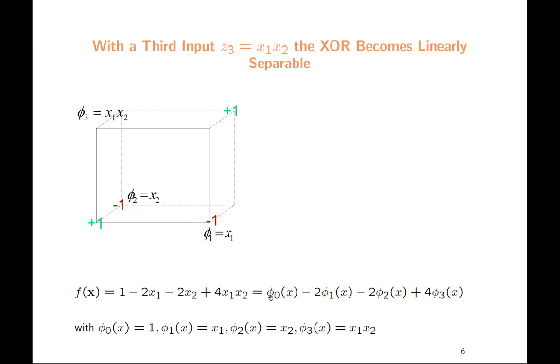They are, in a way, the new inputs to a linear classifier, and the goal is to learn the weights on these basis functions. So this is another layer on which we now apply the linear classifier, and we learn the weights 1, -2, -2, 4.